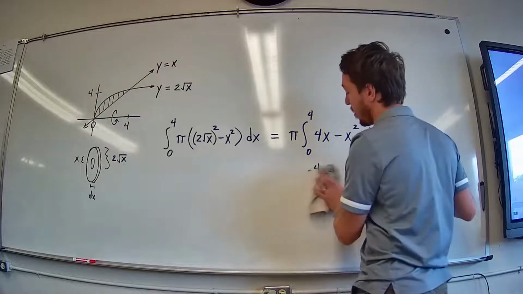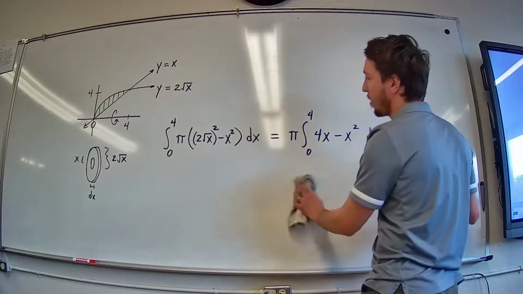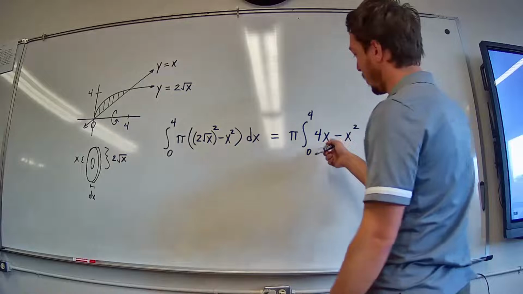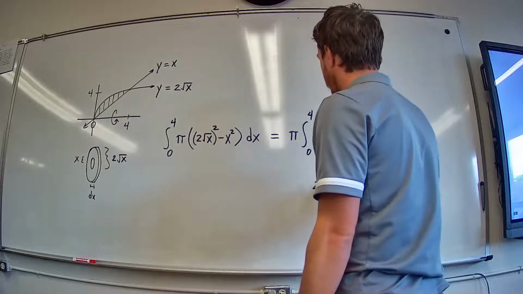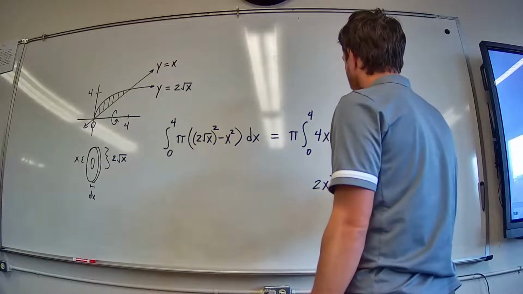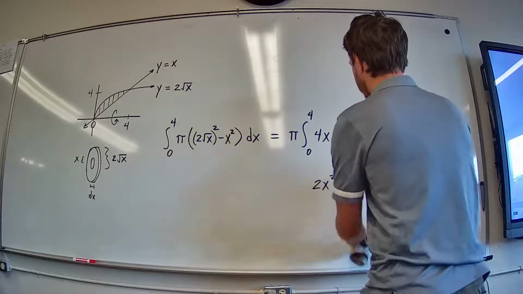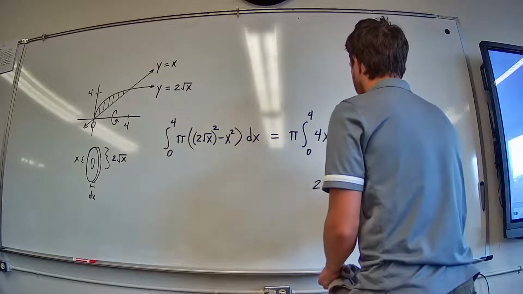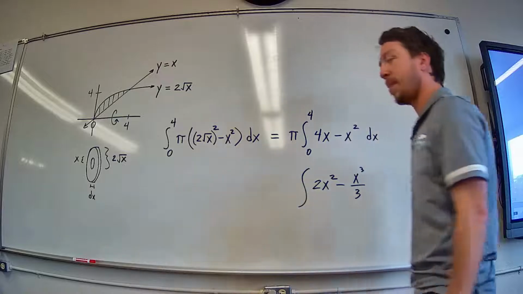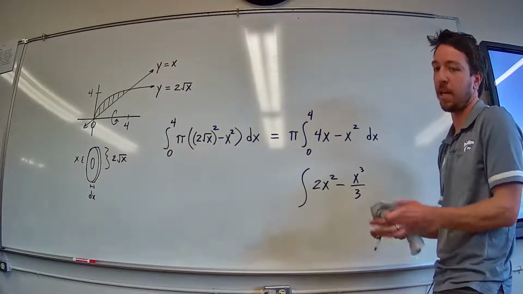Also, another thing, make sure you're being careful with your notation. Since the integral of this is 2x squared minus a third of x cubed, some of you are keeping the integral bar there. It's probably just a typo.